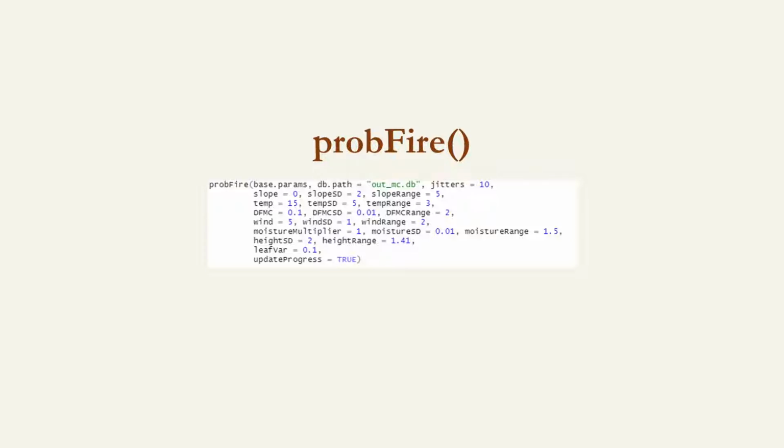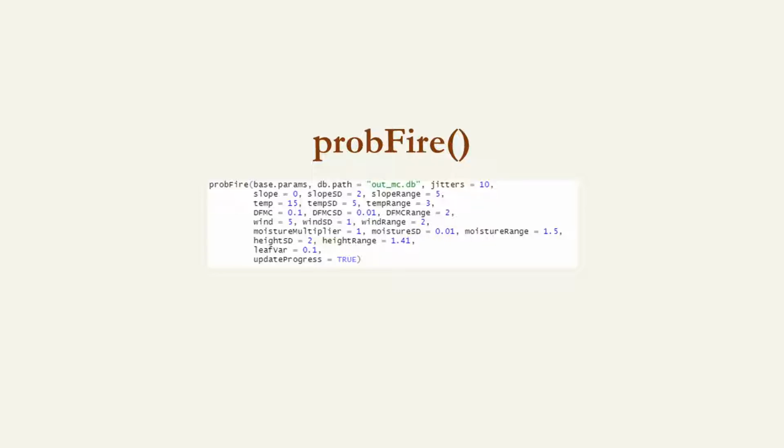Now, quite often we might want to use a large number of replicates to get a good picture, but here we'll just run it quickly with 10 points. We'll vary slope, temperature, dead fuel moisture content and wind around those mean values in a normal distribution described by that standard deviation and truncated within range values.